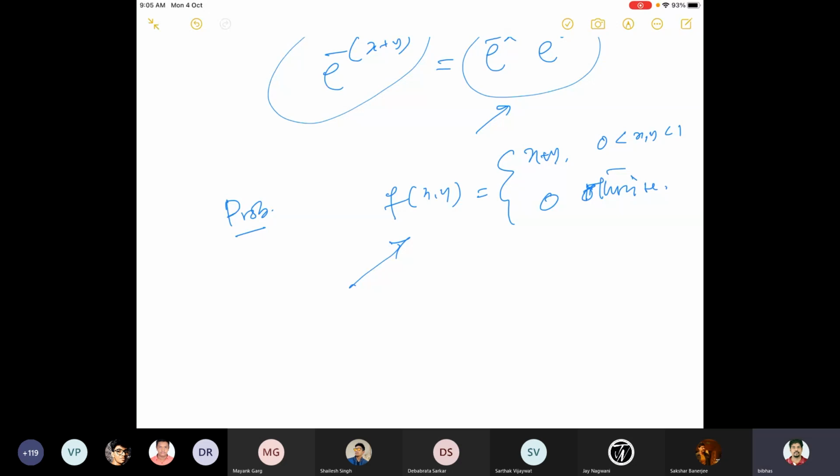You can find the marginal PDFs and check whether x plus y can be written as a product of a function of x and a function of y. But looking at this function, can x plus y ever be written as a function of x times a function of y?